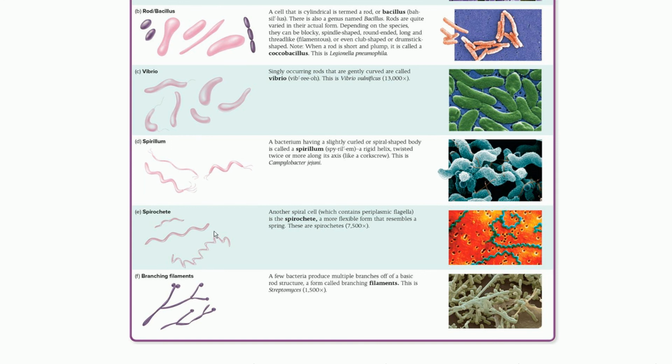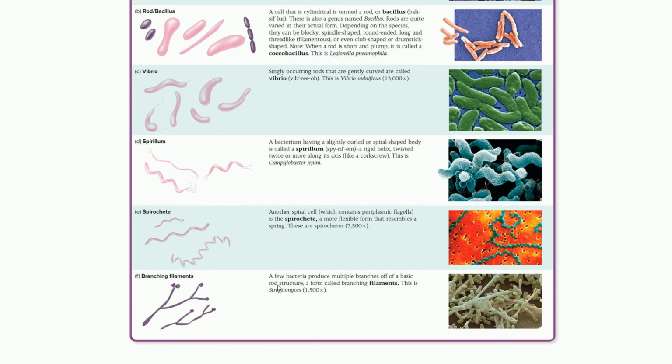Then spirochetes, this is another spiral shape. Okay, and they have a periplasmic flagella. So this flagella is quite inside the bacterial cell, and it is in a periplasmic space. And then we have another shape, branching filaments. They are basically the bacteria with rod shapes, but some bacteria can produce branches of the basic rod structure.